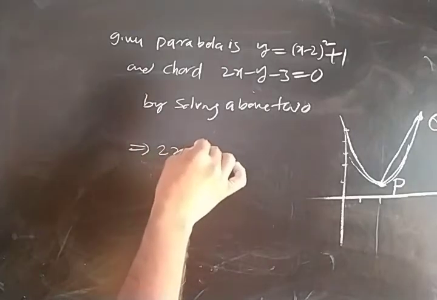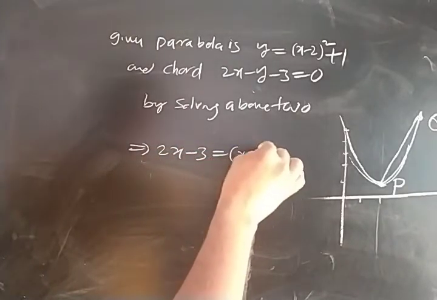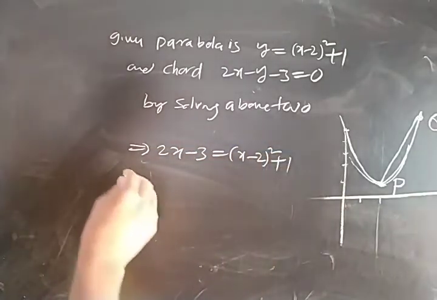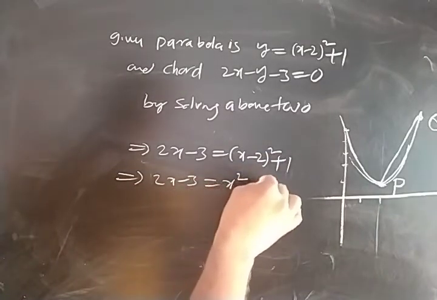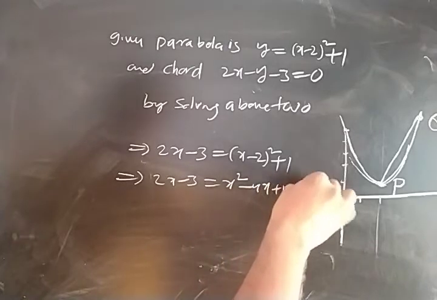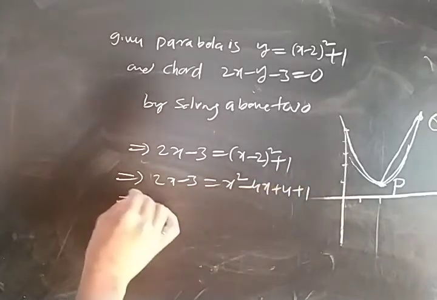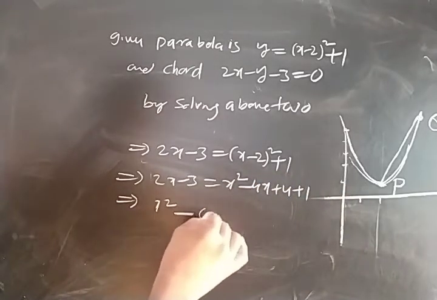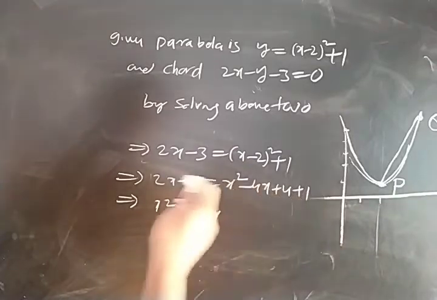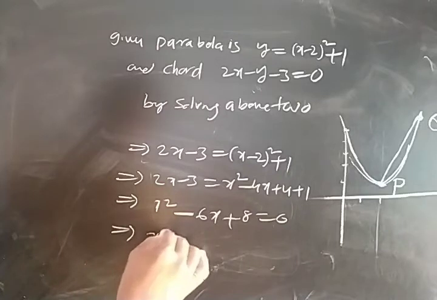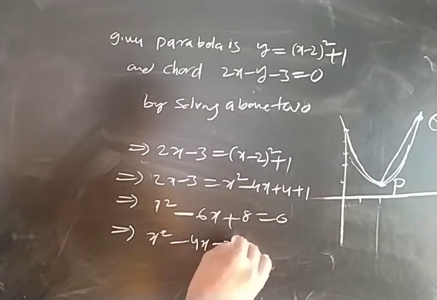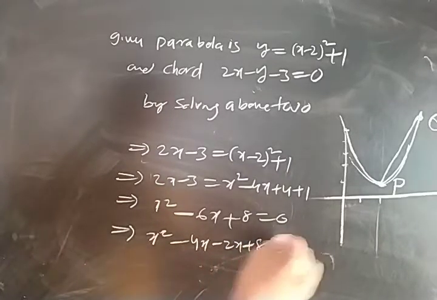So 2x minus 3 on the left hand side, and on the right hand side, (x minus 2) whole square plus 1. 2x minus 3 equals x square minus 4x plus 4 plus 1. So x square minus 6x plus 8 is equal to 0. x square minus 4x minus 2x plus 8 is equal to 0.